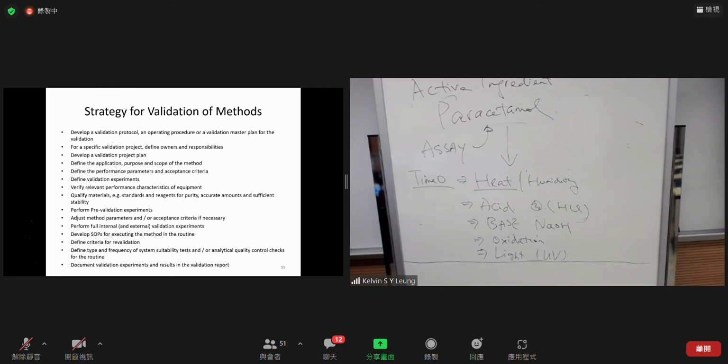In the plan, you have to set some of your specifications as well, and any requirements, any adjustment on your parameters, and what kind of method characteristics you have to include, etc. So you have to discuss it and you have to evaluate it.